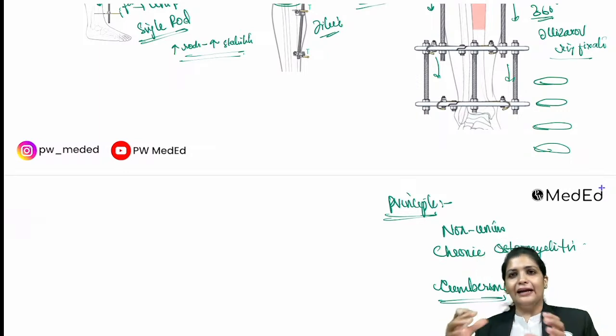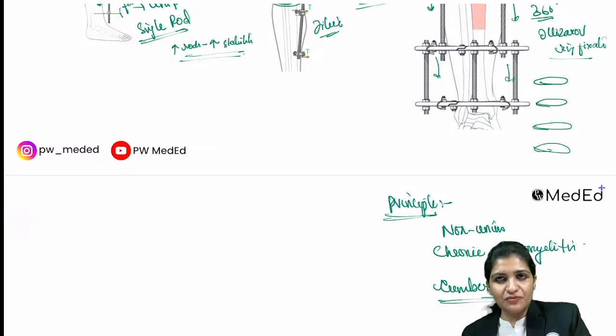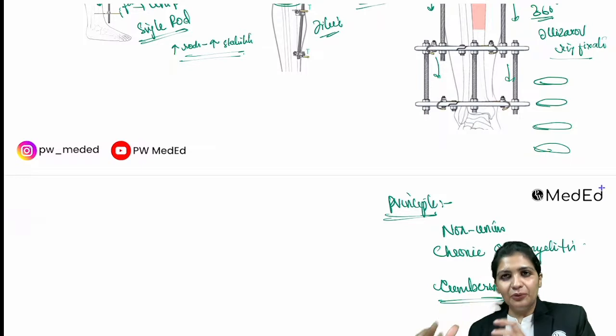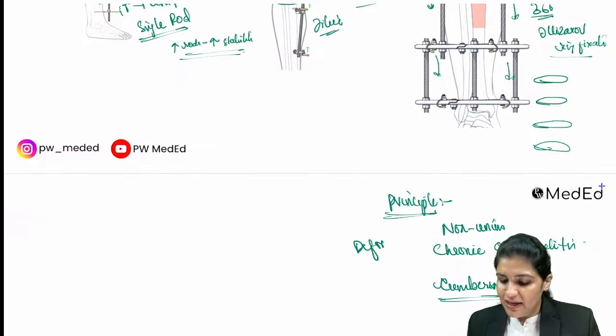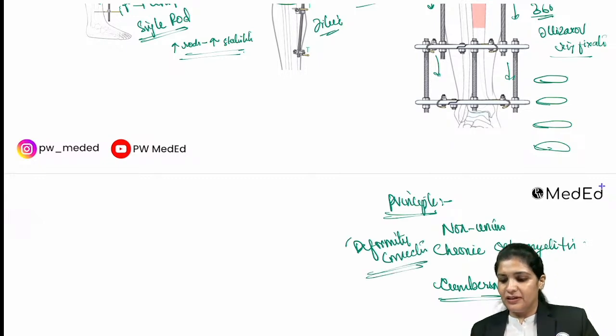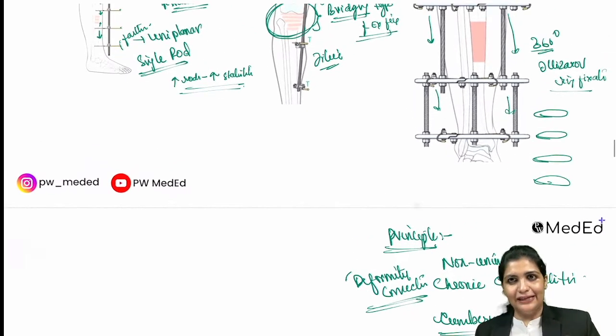So usually they are reserved for very complex fractures, very chronic non-unions and chronic osteomyelitis. And sometimes they can also be used for your deformity corrections. So these are the various conditions where the Ilizarov is used.